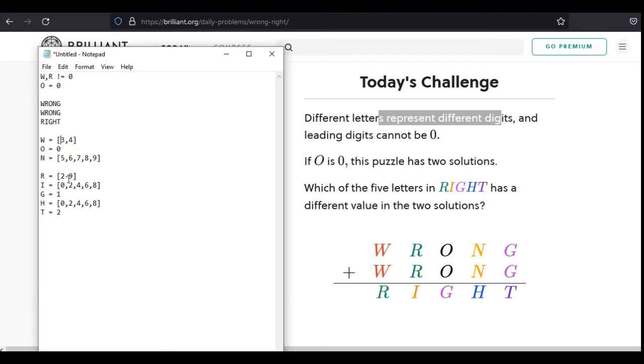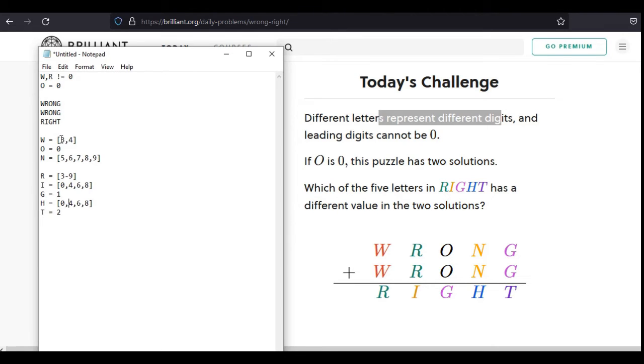What could R be then? Not 2 to 9, because 1 and 2 are taken. So it could be 3 to 9. Again, this is not 2 and this is not 2. Good. We have minimized the number of possibilities.